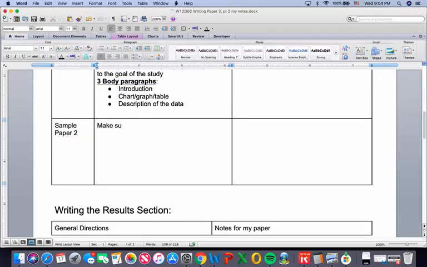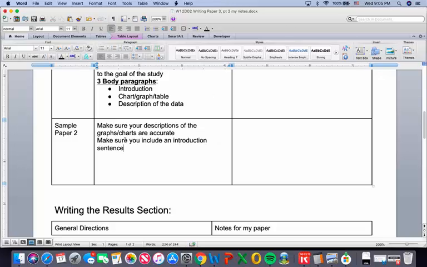So make sure your descriptions of the graphs or charts are accurate. And I think, what were some of the other lessons? So make sure you include an introduction sentence.